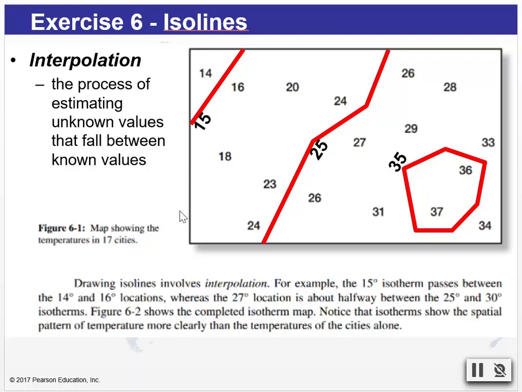So again, we don't have a specific data point that shows us 15 or 25 or the 35, so we have to use the data around us to try and figure out exactly where these isotherms might exist.